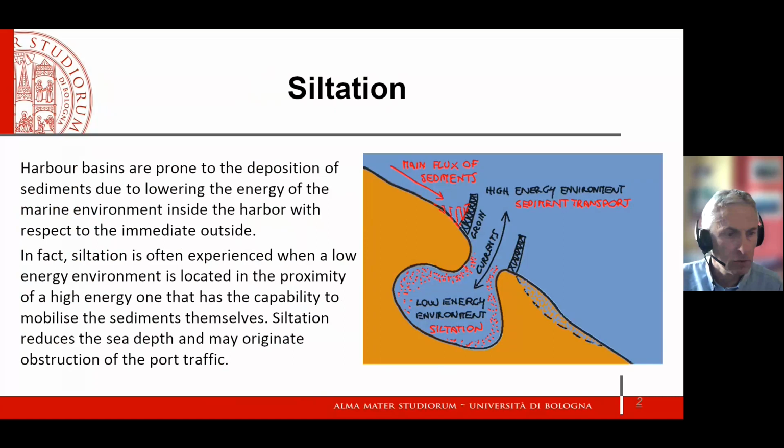Therefore, in order to reduce the flux of sediments into the harbor basins, very often groins are put in place, because they stop the sedimentation up to their extension into the sea. Of course, you understand that the movement of sediments is very significant close to the coastline, but when you get into the sea, the flux of sediment is reduced.